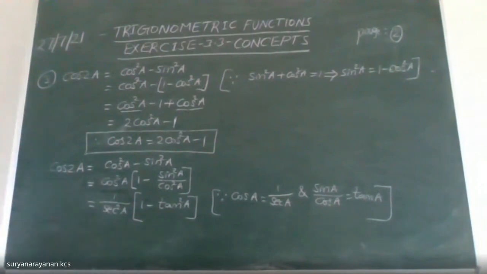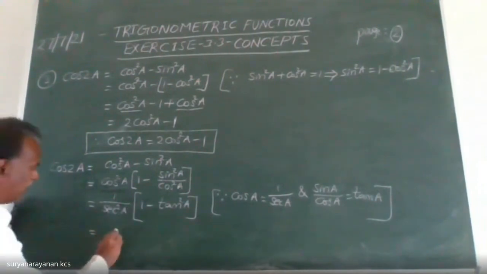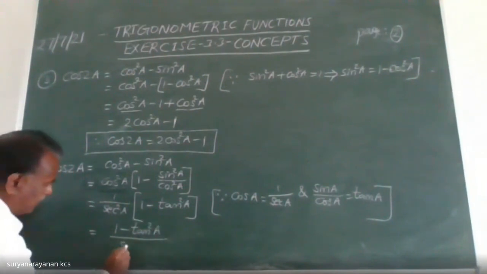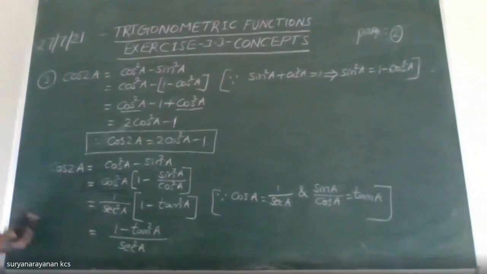Okay, my children? Now we got here 1 minus tan square A by secant square A.